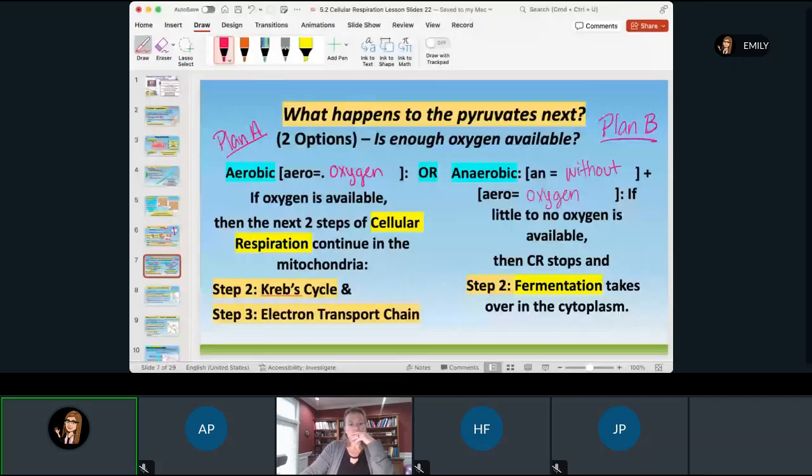That is no oxygen available or little to no oxygen available. And that is when cellular respiration stops and fermentation would start. You're going to see CR a lot in this, so I just want to remind you that CR is cellular respiration.